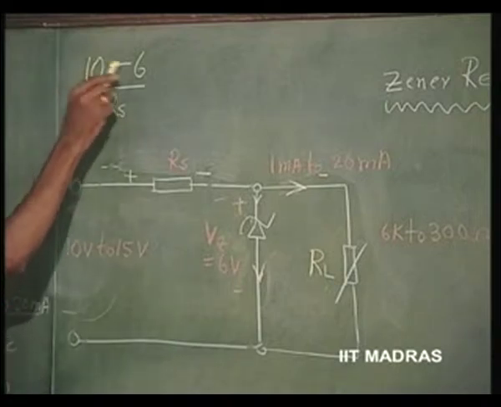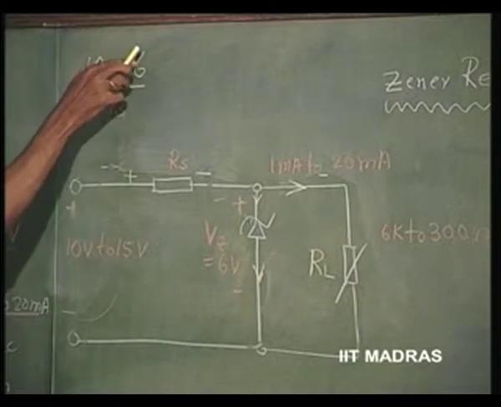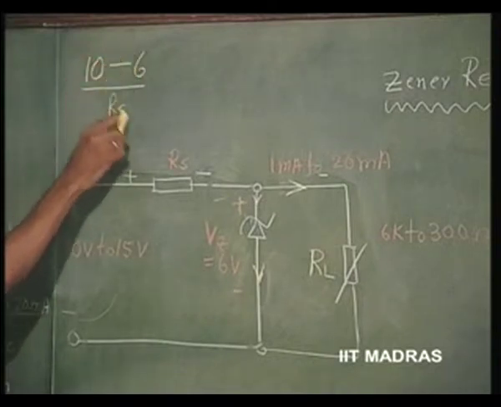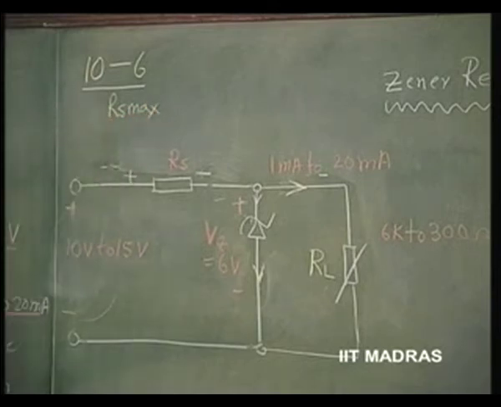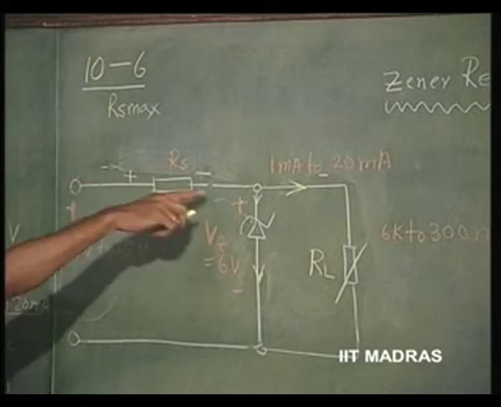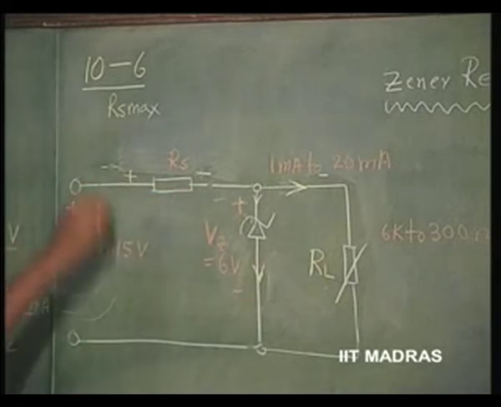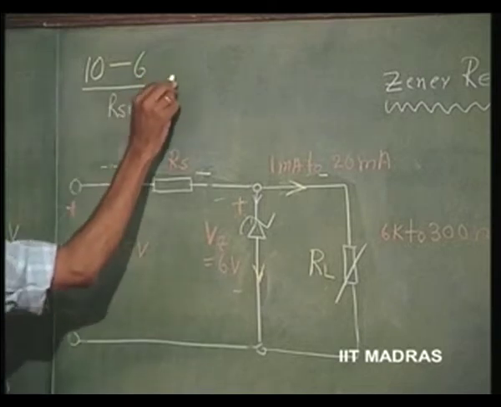So, 10 minus 6 is the minimum voltage available. For that I divide it by the maximum resistance possible here, that will give me the minimum possible current in this circuit. So, this is the minimum current, Is minimum.